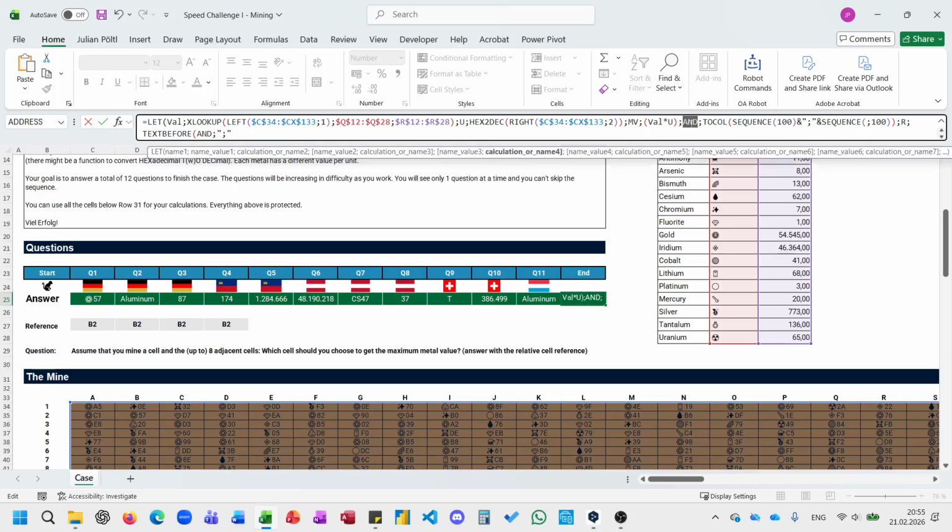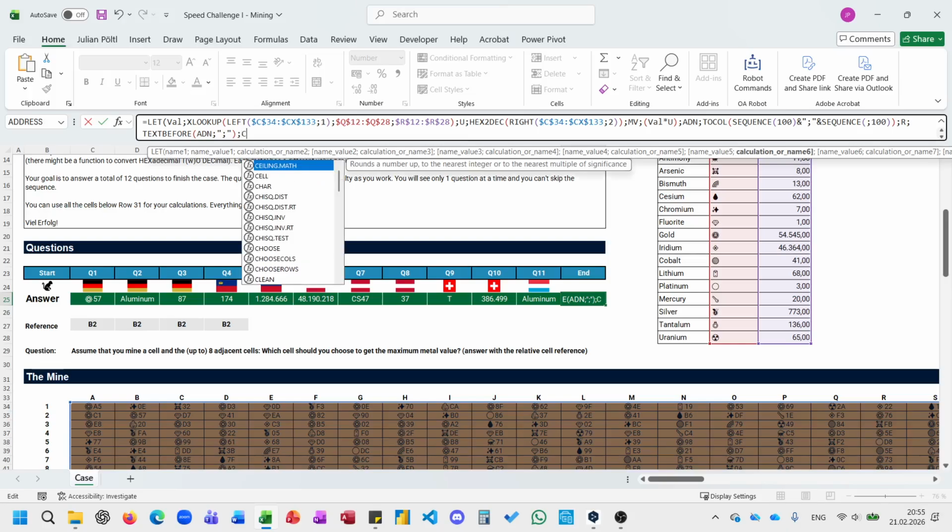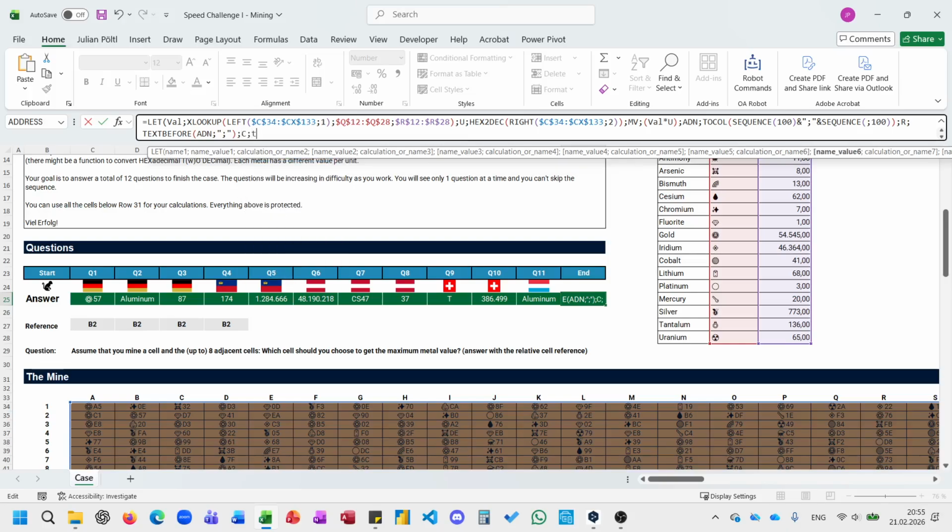Is this autocorrected? ADN, yeah, it says autocorrected. And for column, I was using TEXTAFTER ADN. Yeah, this is an autocorrection for AND. Interesting.